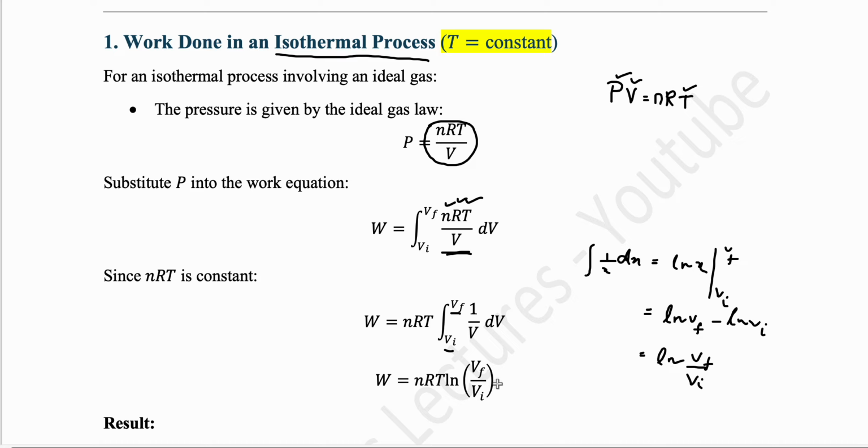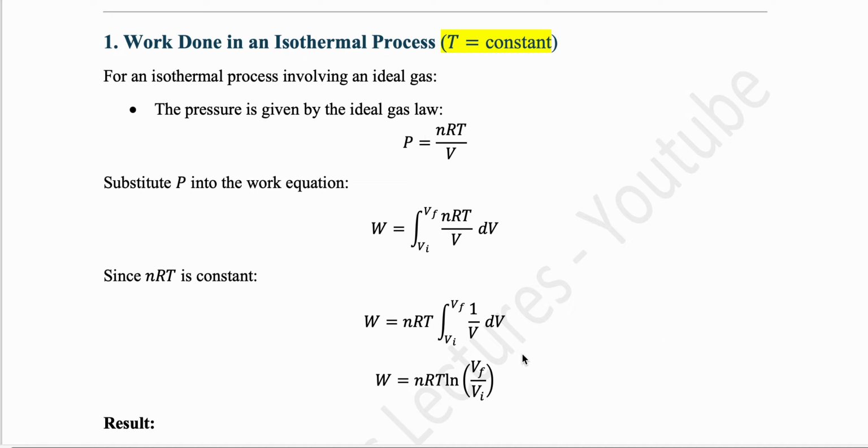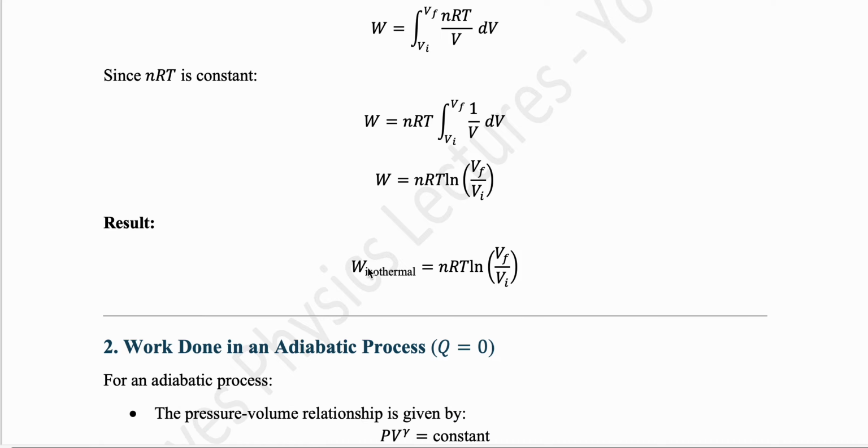If we use this relation, we can find out the work done in an isothermal process. That's important. Now why I'm doing this is because many a time you might get a question on what the work done is in an isothermal process, or you might get a question to find the total work done in a Carnot cycle.